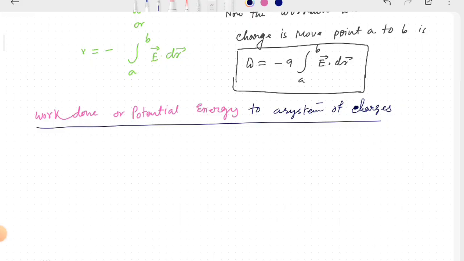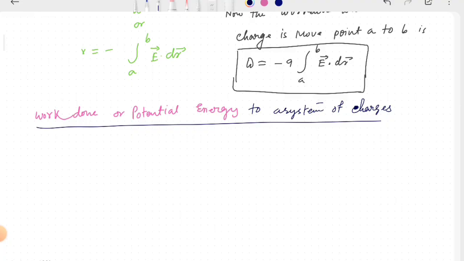We take charge Q1 from infinity. This is the situation. When charge Q1 is taken from infinity, no work is done, because at that point there was no charge.